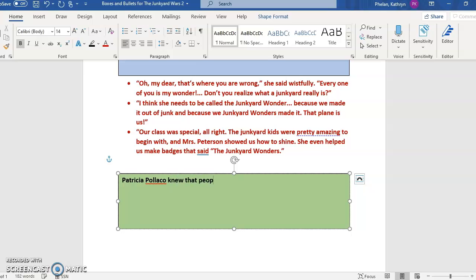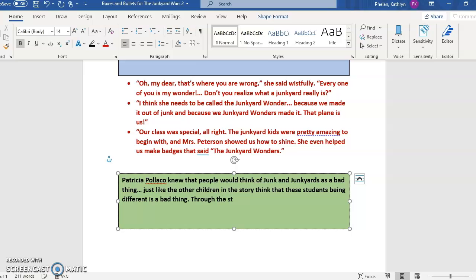Polacco knew that people would think of junk and junkyards as a bad thing, just like the other children in the story think that these students being different is a bad thing.